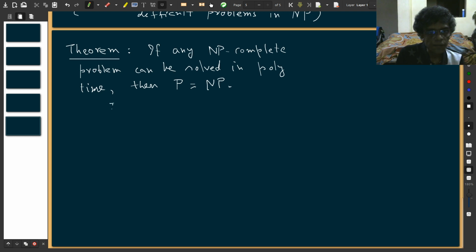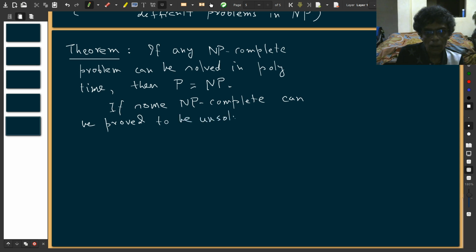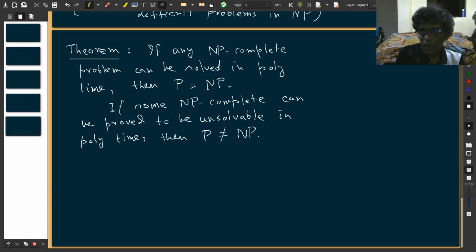Conversely, if some NP-complete problem can be proved to be unsolvable in polynomial time, then P is not equal to NP. Okay, so why?